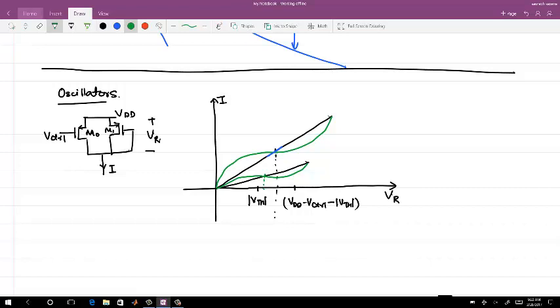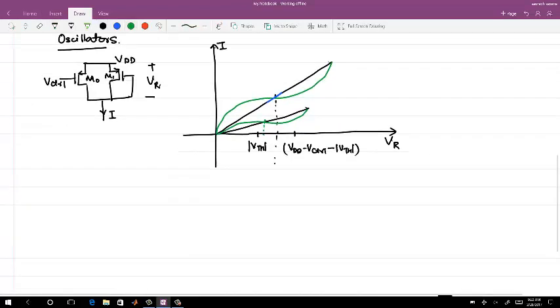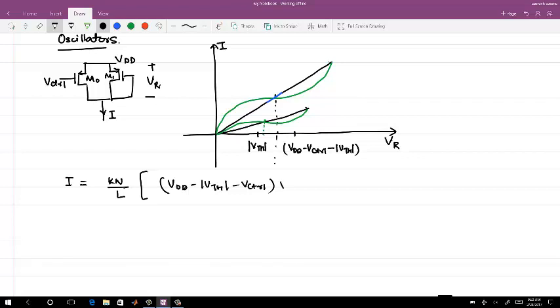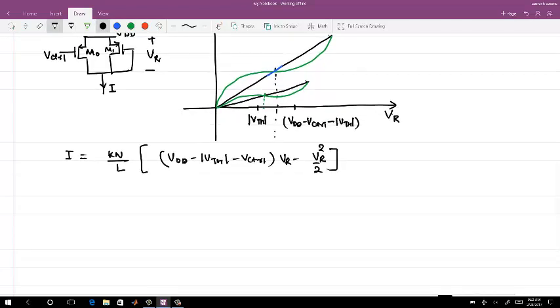So before the linear region we have kW by L times (VDD minus mod VTH minus V control) times VR minus VR squared by 2. Okay, and what will be the midpoint of this?